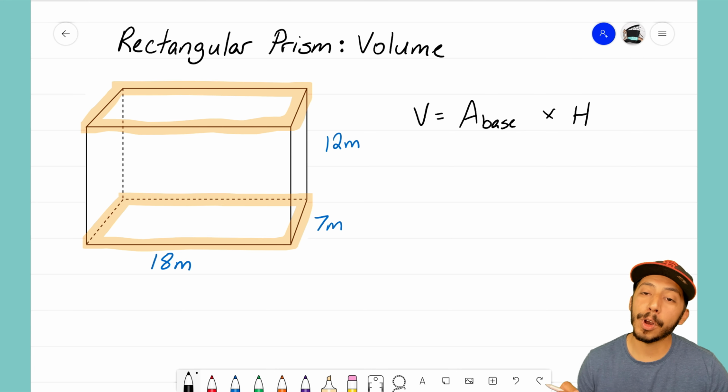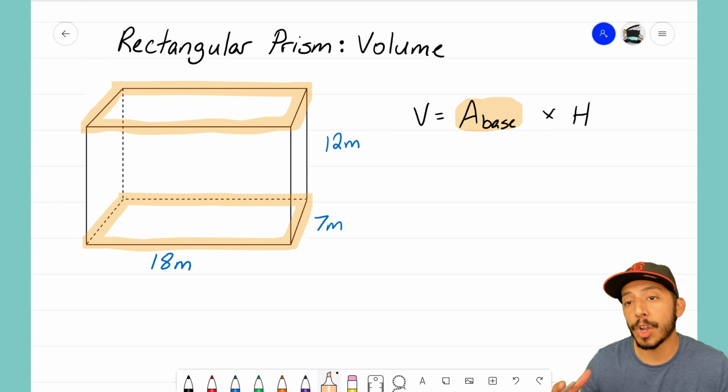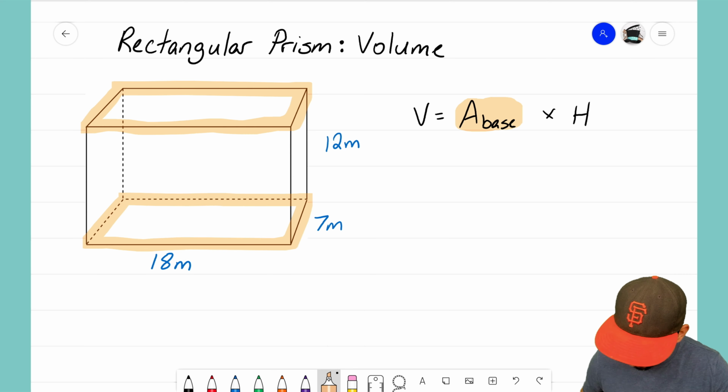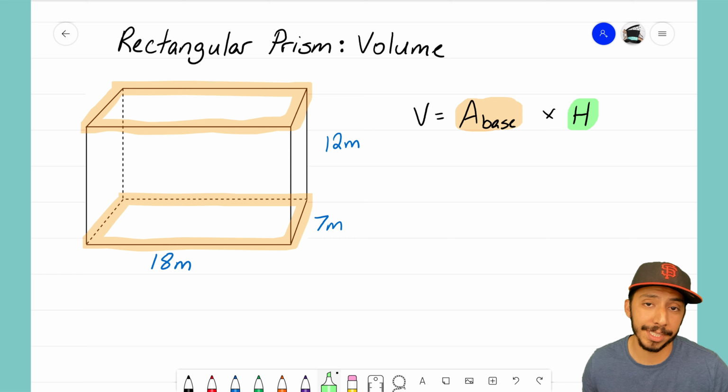Notice that there are two things in there that we need to find. First, we need to find the area of the base shape. What is our base shape for this prism? Whatever it is, we have to find that area. After we find that area, then we want to find the height of the prism and multiply the two.